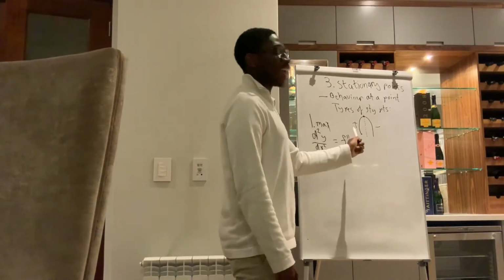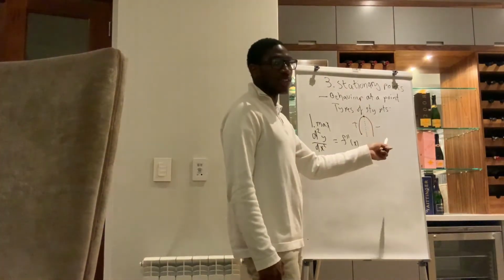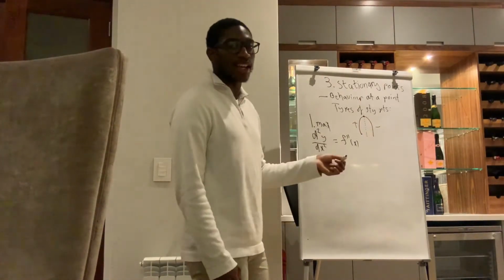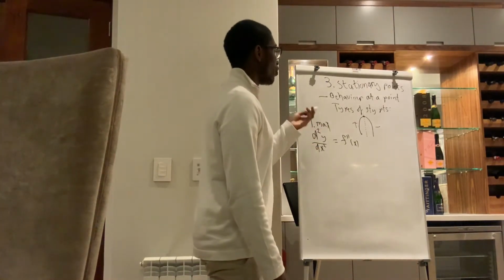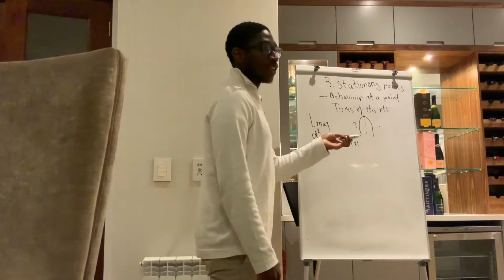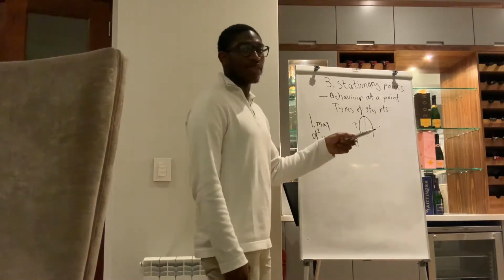So if the rate of change is going from positive to negative, what does that tell you about the rate of change of the rate of change? Well, it must be negative, because the rate of change is going from positive to negative.